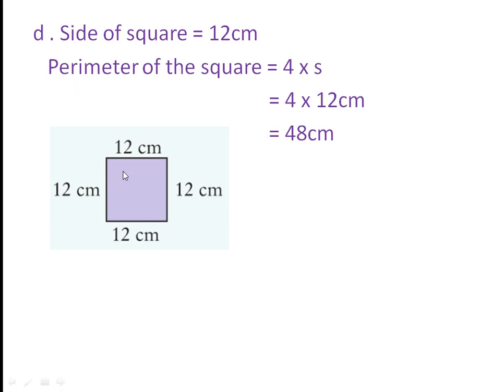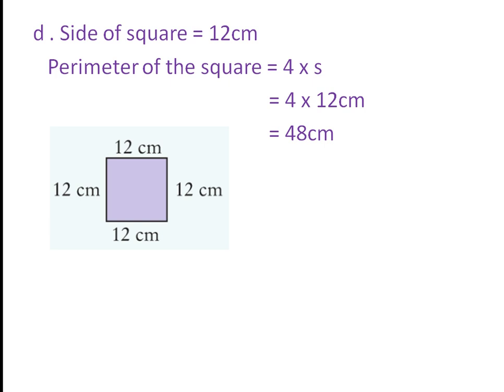What is the side of the square? 12 centimeters is the side of the square. Now write down the perimeter of the square formula: 4 multiplied by side. The value of the side is 12 centimeters. 12 fours are 48 centimeters. This is the answer for the perimeter of the square.